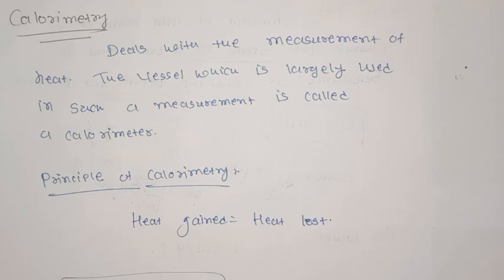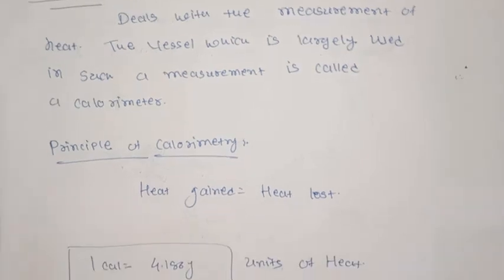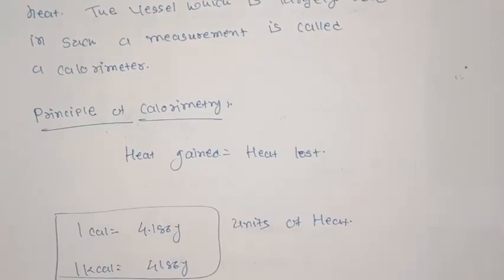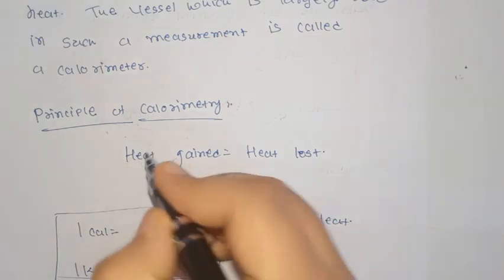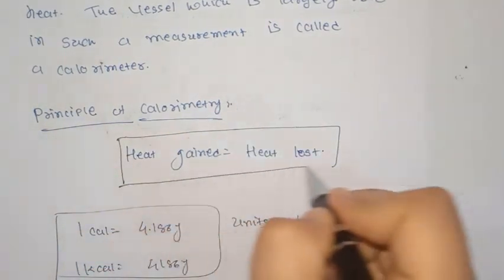The principle of calorimetry: when two bodies of different temperatures are allowed to share heat, they attain a common temperature. If it is assumed that there is no heat received or given to any body outside the system, and if there is no chemical action involved in the process, then we can say heat gained is equal to heat lost.